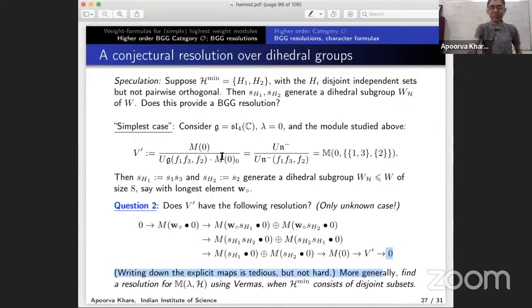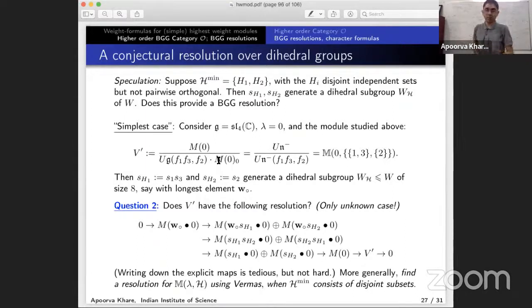But what happens if there are 2 holes and one of them is first order and one of them is second order and they are not disjoint? That is the example on this slide, and I don't know the answer. Of course, the other part is, BGG resolutions should translate into something geometrically on the flag variety side. The parabolic Vermas and the usual Vermas are good.